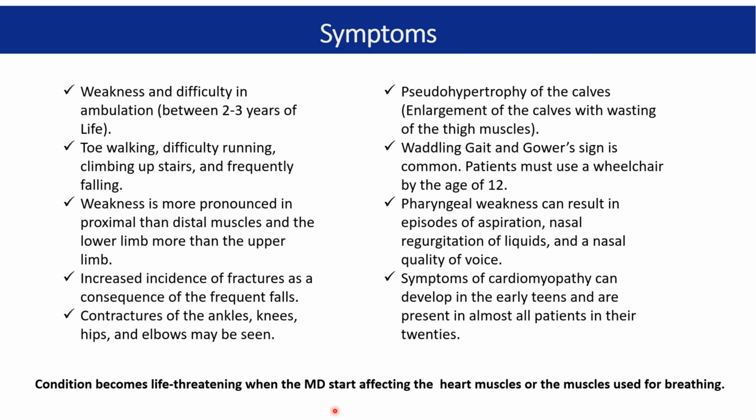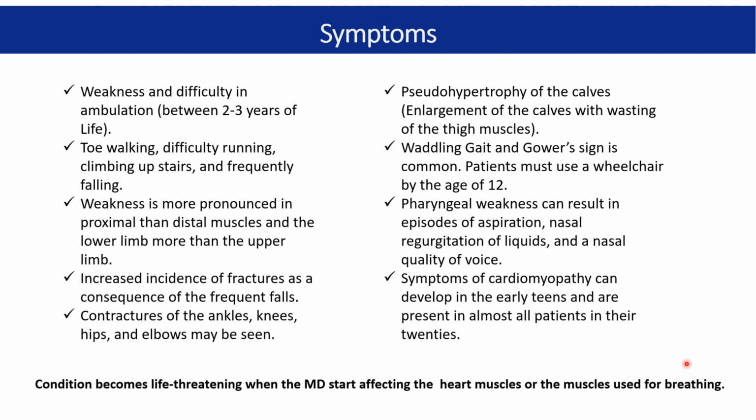This is when the muscular dystrophy starts affecting the heart muscle and the muscles used in breathing. As you know, the heart is a very muscular organ, so you find a lot of muscle in the heart, and there are also a lot of muscles in the lungs.